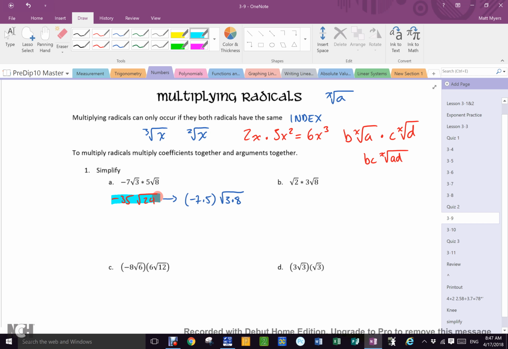Okay, and where would you simplify? You would simplify at 24, which is 4 times 6, correct? Why did I use 4 and 6? 4 has a square root. What is it, Jalem? 2, so where does that 2 go? Out there. And what does it do with the 35? Negative 70 root 6.